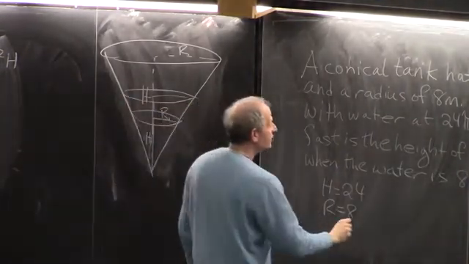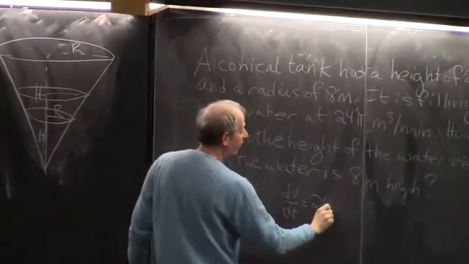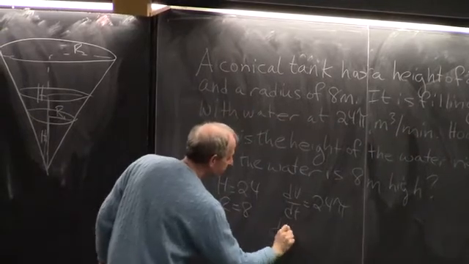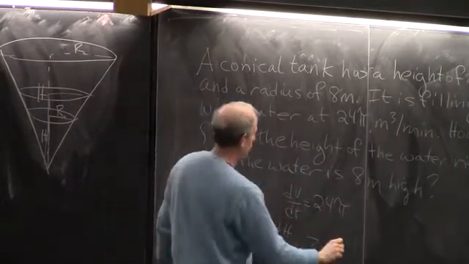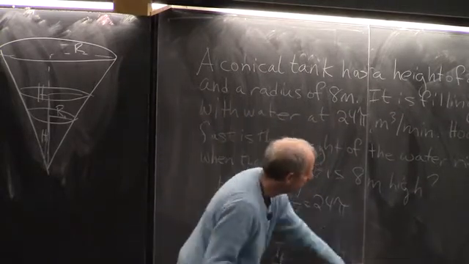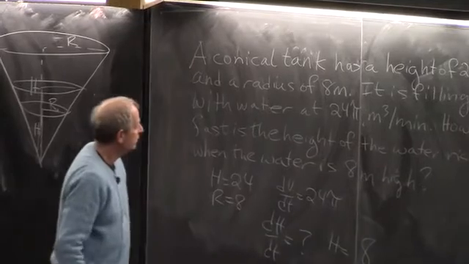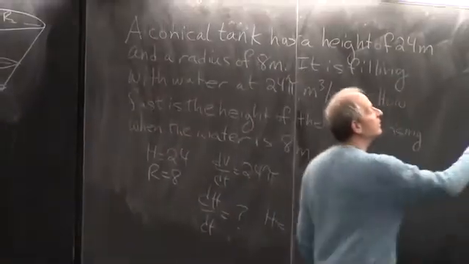All right, it's filling, dV/dt equals 24 pi. We want to find dh/dt when h is 8. So why are we going to want that information? Well, let's go here and look at the volume equation.